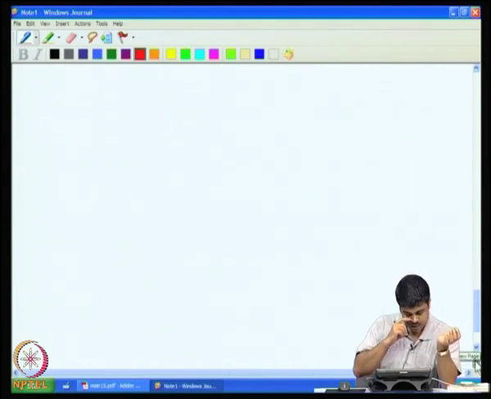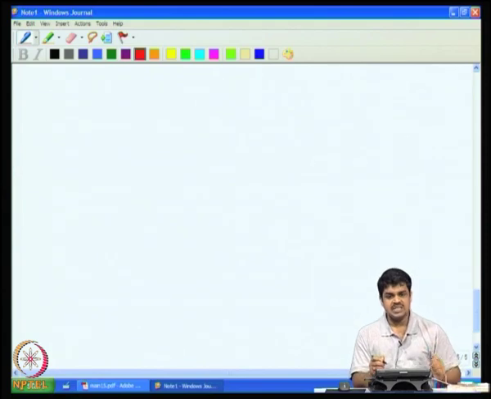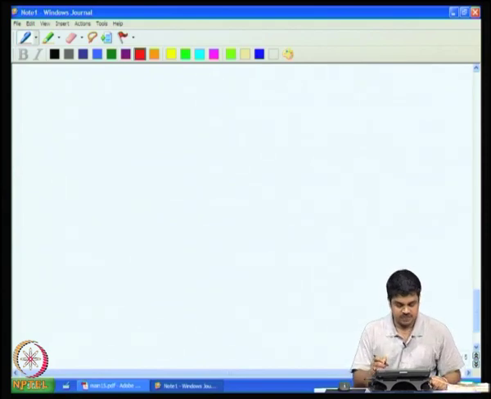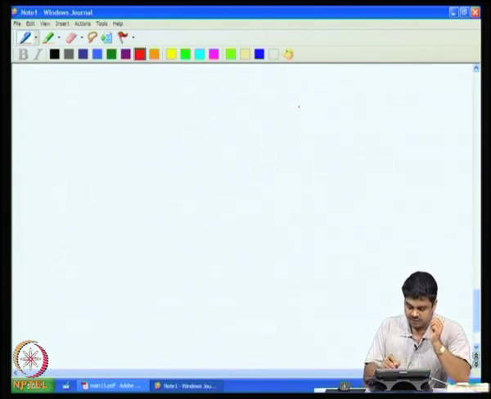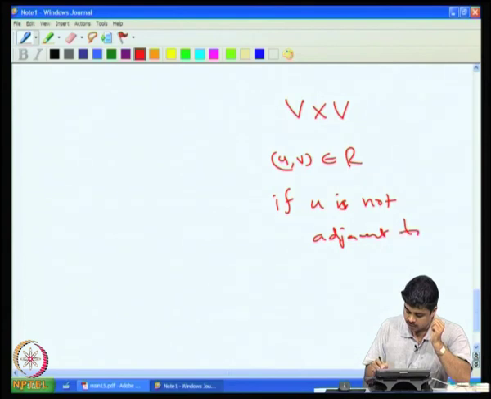Then what can we tell? If it is not a complete K-partite graph, then we can look at the relation induced by the non-adjacency of vertices. See the relation defined on V cross V, by this rule that U and V belong to the relation if U is not adjacent to V, right.